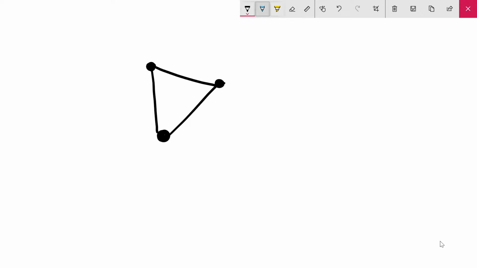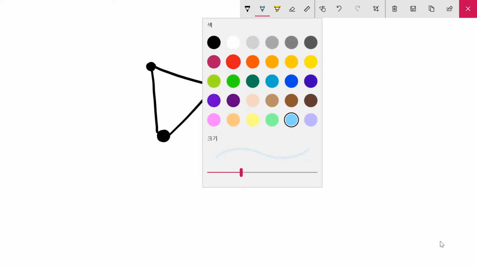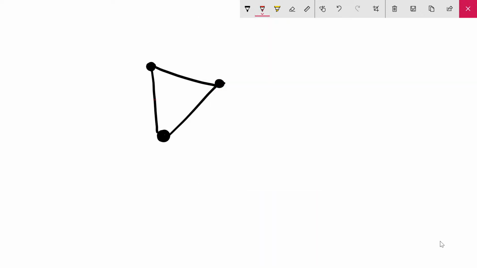Starting from the midpoint of this triangle edge, we can find the circumcenter of this triangle, and the distance from this circumcenter to our three vertices is the same for all three vertices.